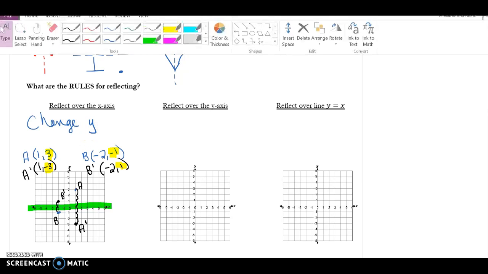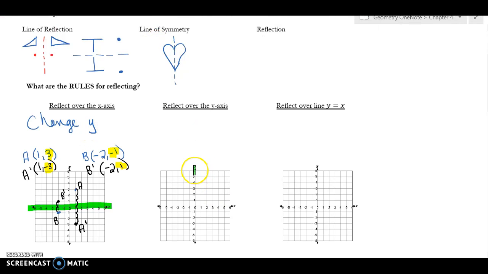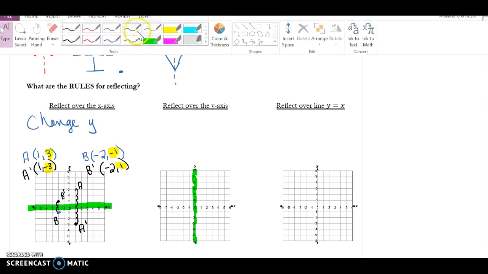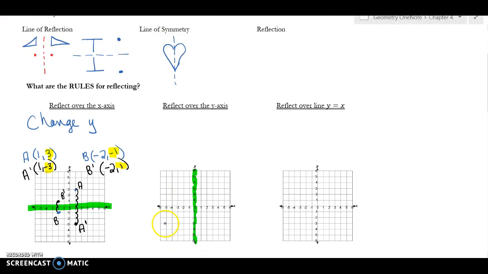All right, let's see what happens when we reflect over the y-axis. Remember, my y-axis is this vertical one. Oops, that's a horrible line. Let's try this way. Okay, and so again, let's look at some points. Let's do 1, 3 again.